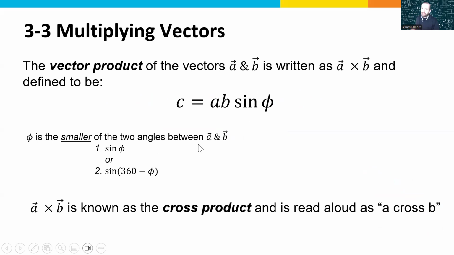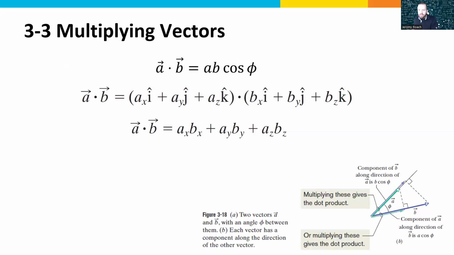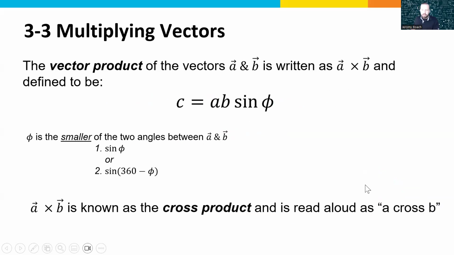The vector product is a little bit different. So the vector product, we say this is A cross B, and it is equal to C. The magnitude for the vector product is AB sine of psi, or AB sine theta, where psi is the smaller of the two angles between A and B, where here would be A and here would be B. And so psi is just the angle between those two lines, or those two vectors.